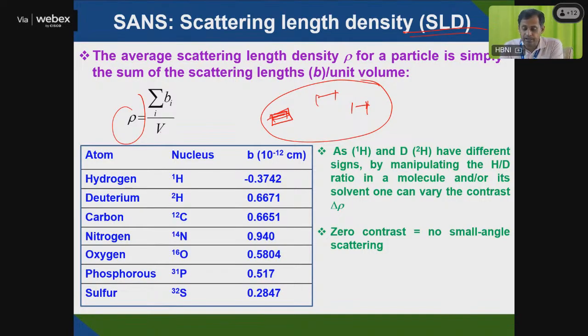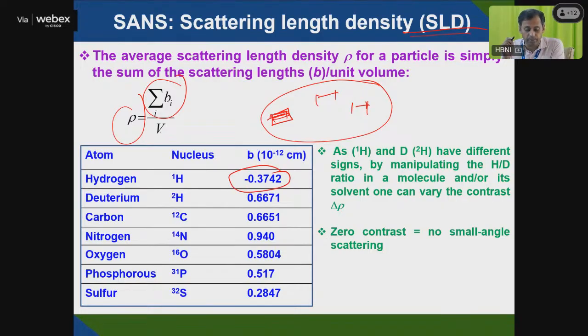So the average scattering length density rho for a particle is simply the sum of all scattering lengths per unit volume.